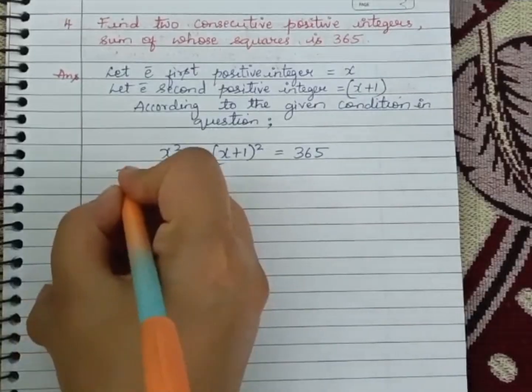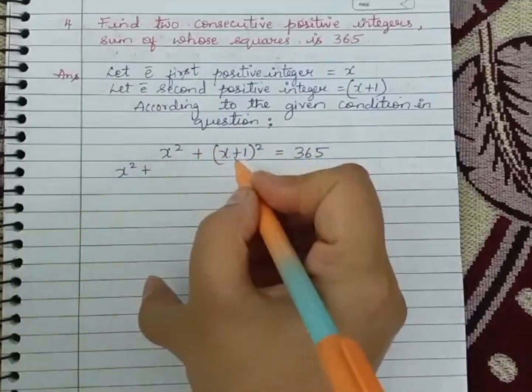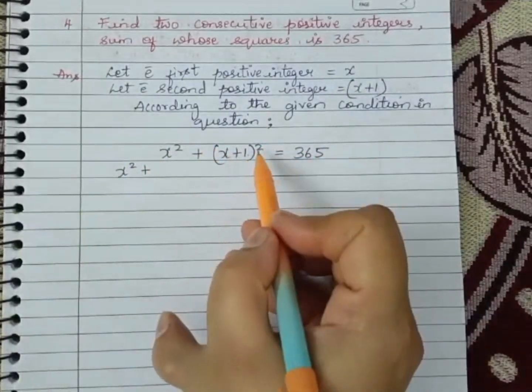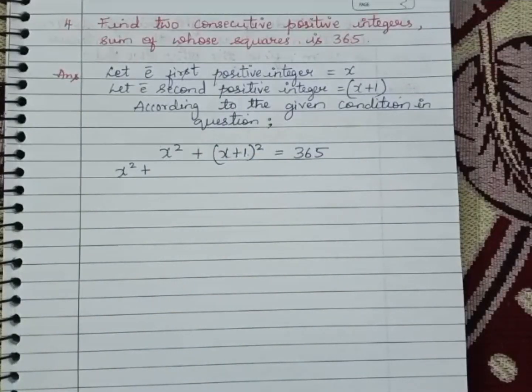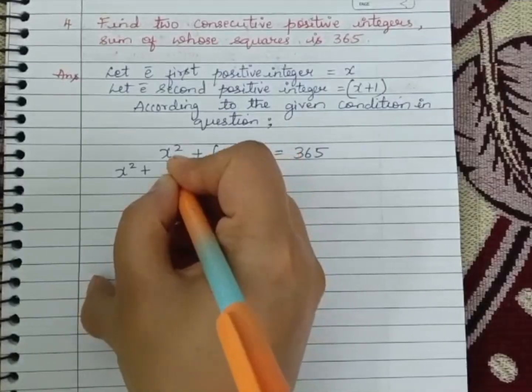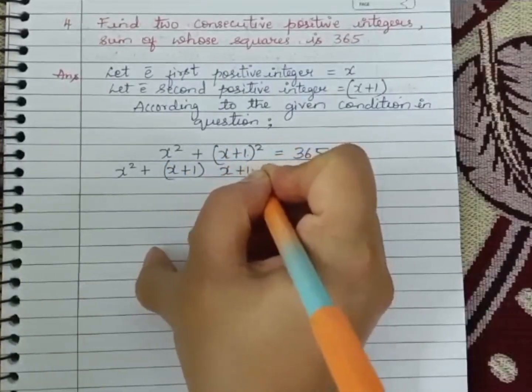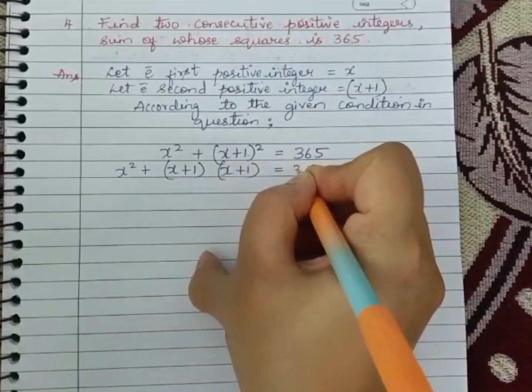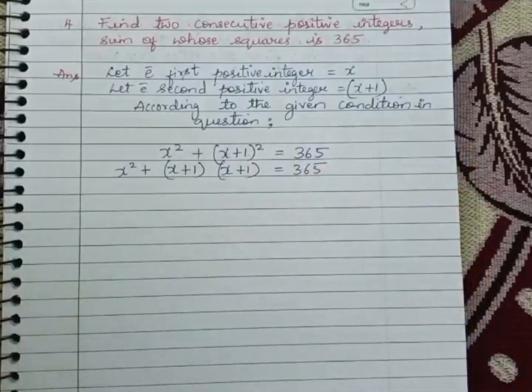Now x square plus this (x plus 1) has a square, so I'm going to do it as (x plus 1) into (x plus 1) equal to 365.